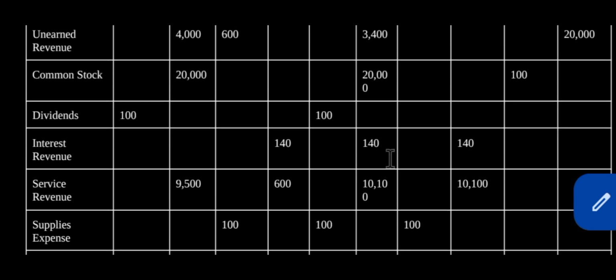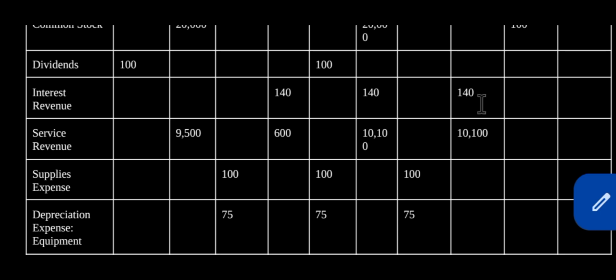So basically all you have to do is copy paste every the expenses and revenues in the adjusted trial balance to the income statement. So we have an interest revenue of 140, so copy paste it. For the service revenue, we have 10,100, still copy paste it, credit side.